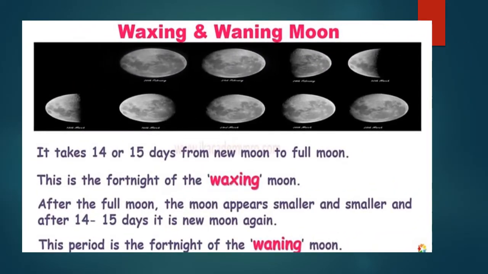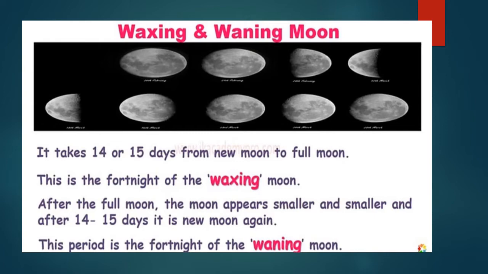Now we'll see the terms waxing and waning moon. See here, it takes 14 or 15 days from new moon to full moon. This is the fortnight of the waxing moon. Fortnight means the time of 14 or 15 days. Okay, so what is the waxing moon?